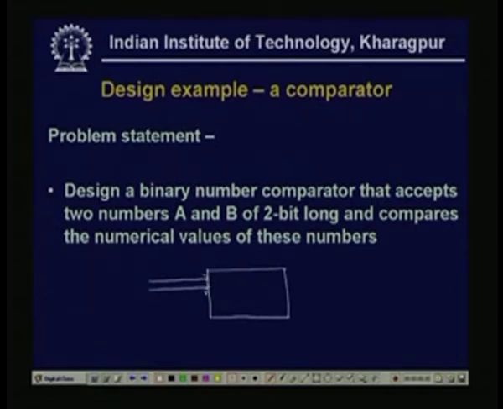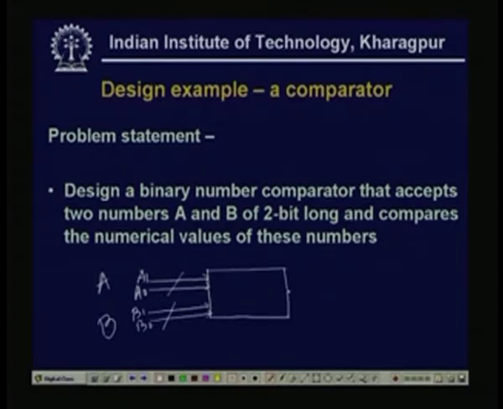So, this is my, say, A1, A0, and another 2 bit, say, B1, B0. So, these are the 2 inputs A and B, each has 2 bits.